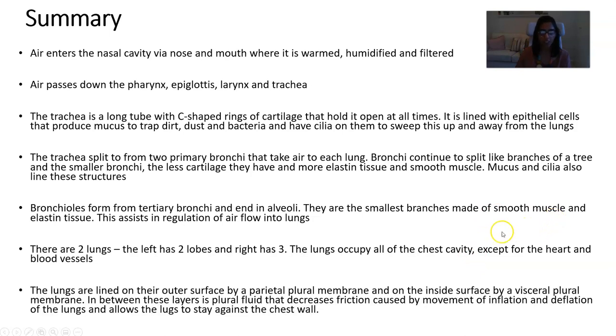Okay, so final thing is the lungs are lined on the outer surface by the parietal pleura, by that membrane, and on the inside surface by the visceral pleural membrane. These layers will help to decrease friction by having that layer of pleural fluid in between, and it will also allow the lungs to adhere to the chest wall.